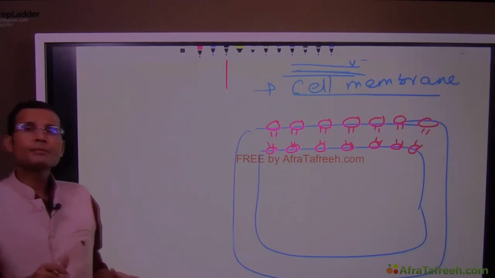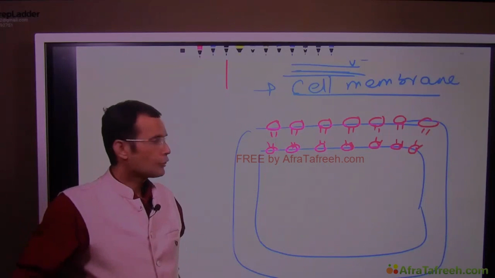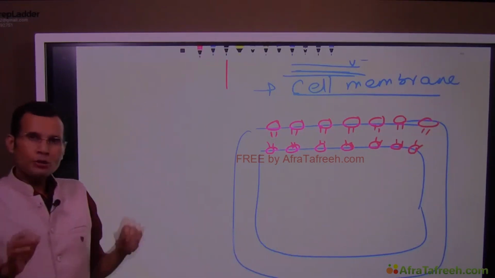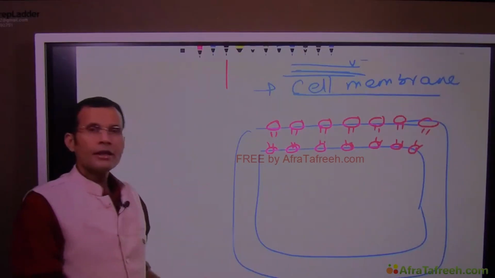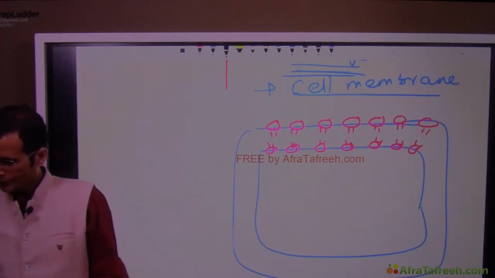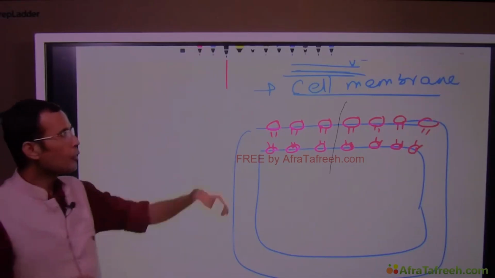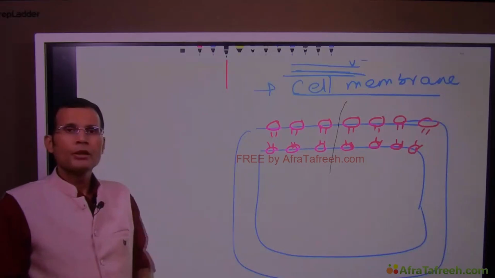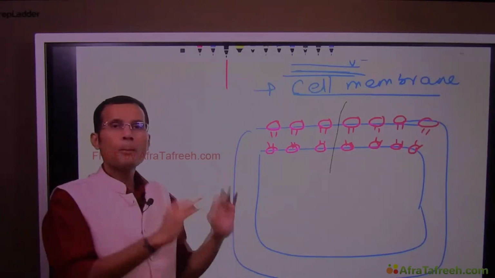Now that reminds me of another MCQ which was asked recently. If a micro needle is inserted into a membrane to injure the membrane, let's draw it here. A micro needle was inserted into the membrane to injure this membrane. Healing will occur by what?